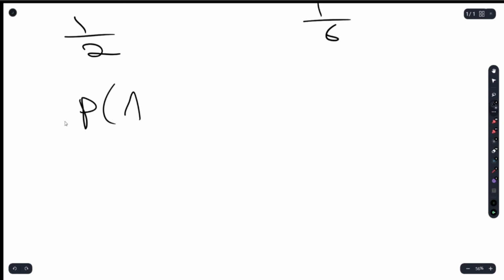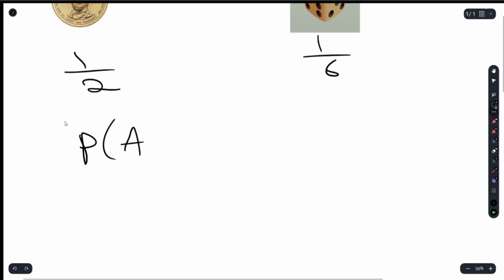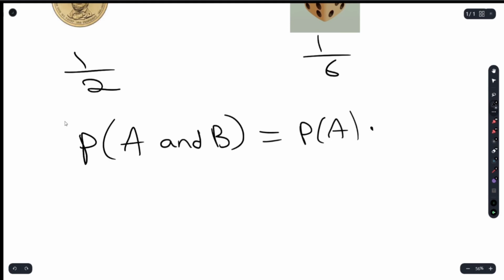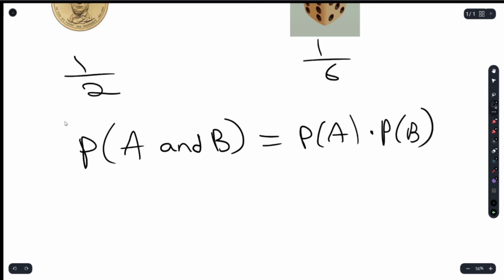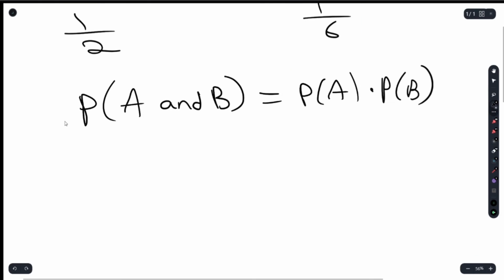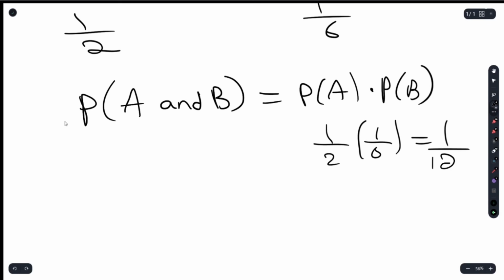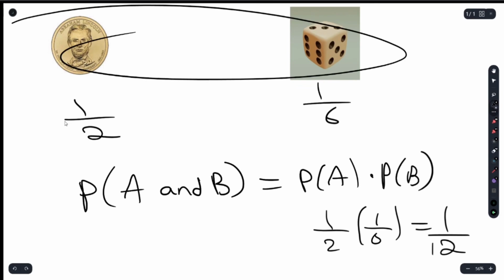The probability of A and B both occurring is the probability of A times the probability of B. A again is the first event and B is the second event. So in this case, A is the coin flipping heads, and B is landing 3 on the dice. So it's 1 over 2 times 1 over 6, so it's 1 over 12. So the probability of both of these events occurring is 1 over 12.